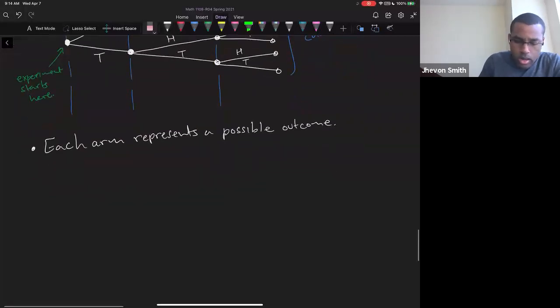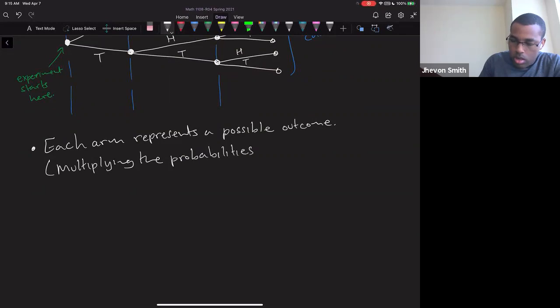And by the way, multiplying the probabilities across each arm gives the probability of that outcome.